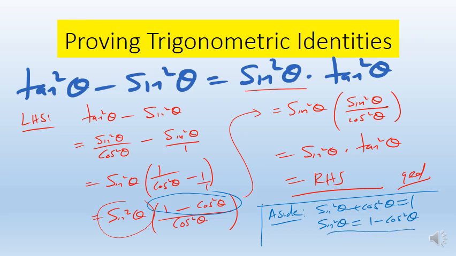There we go. 1 minus cos squared theta is sine squared theta, and that proves the identity. Simple, straightforward. Do not rush. Write neatly, and apply the fundamentals, like for instance the definition of tan in terms of sine and cos. Take a common denominator. Bang! Thing works out beautifully.